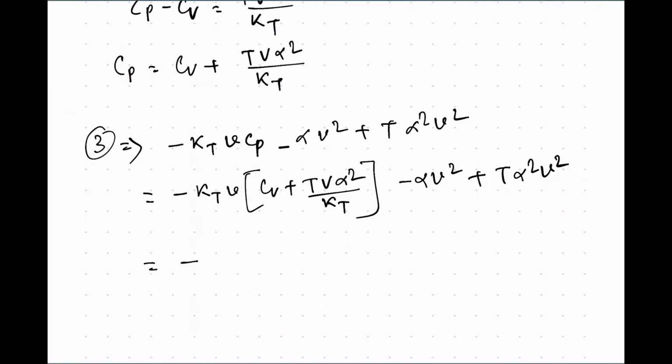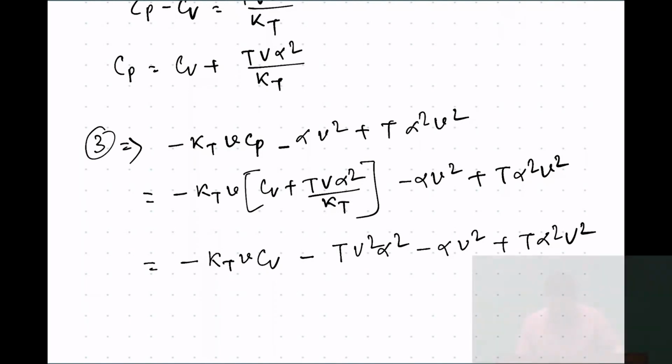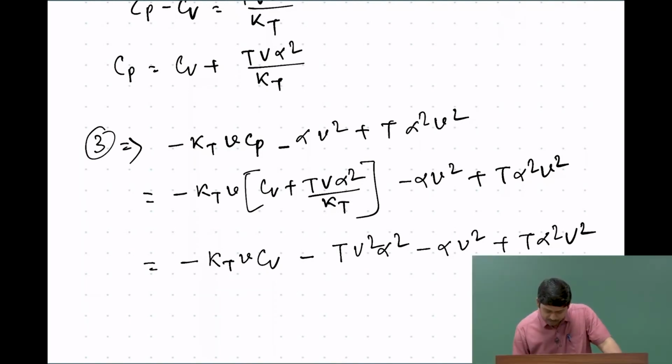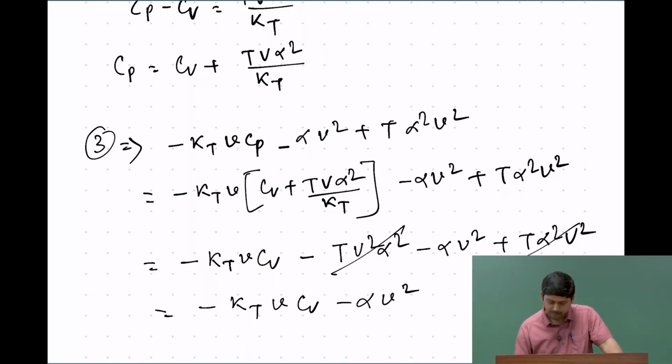When you multiply that, we get minus kappa T v C v, kappa T cancels, we get minus T v square alpha square minus alpha v square plus T alpha square v square. So, now these two terms cancel, giving us minus kappa T v C v minus alpha v square.